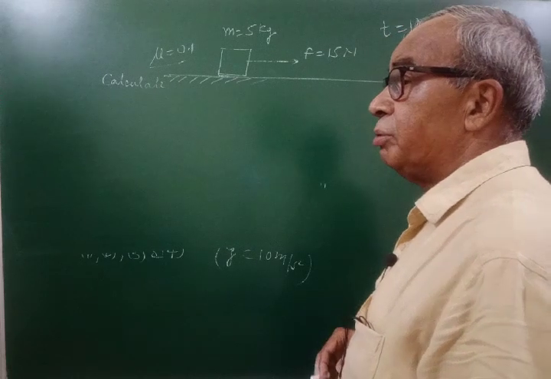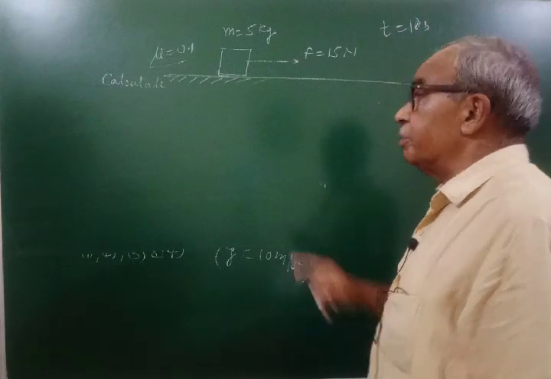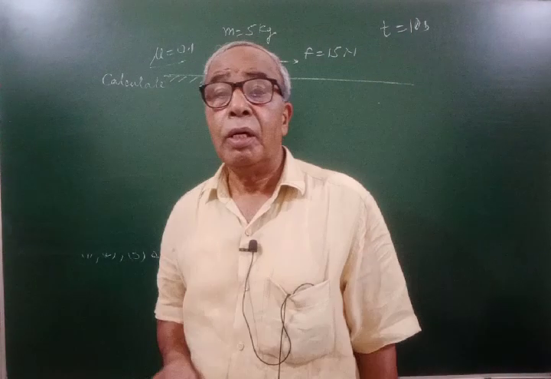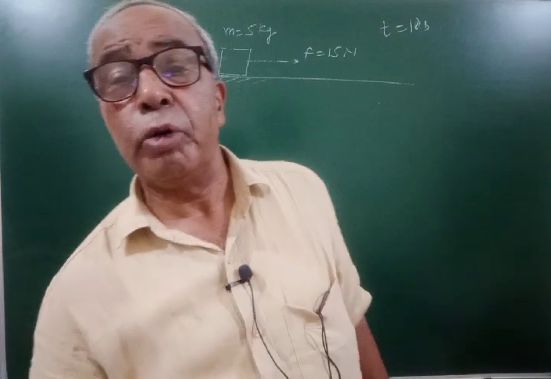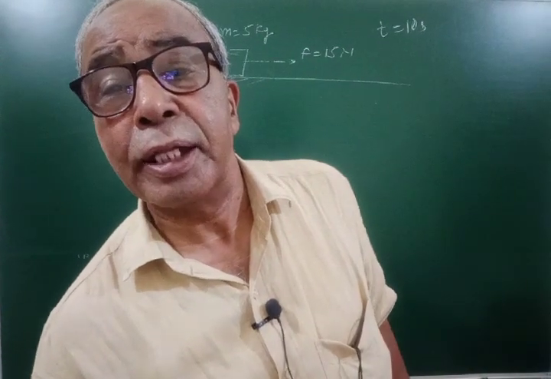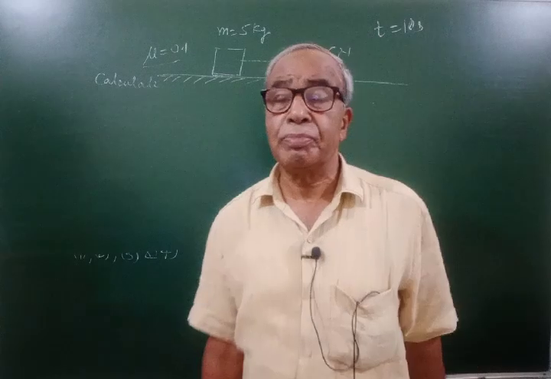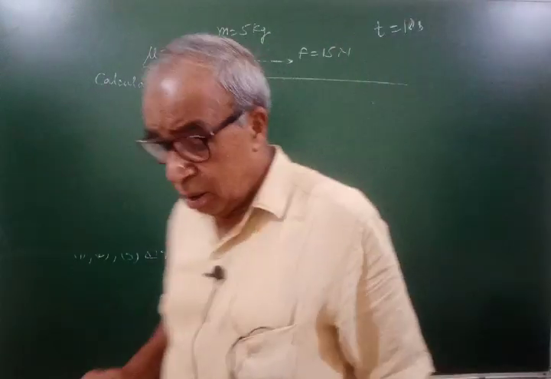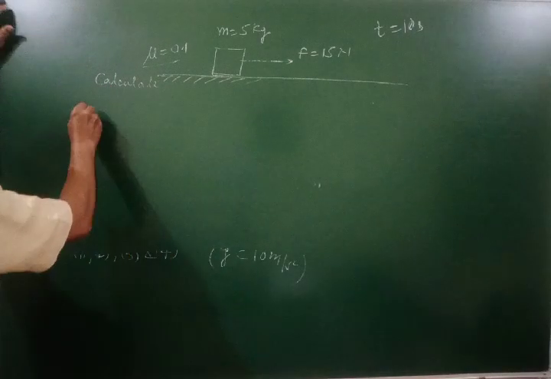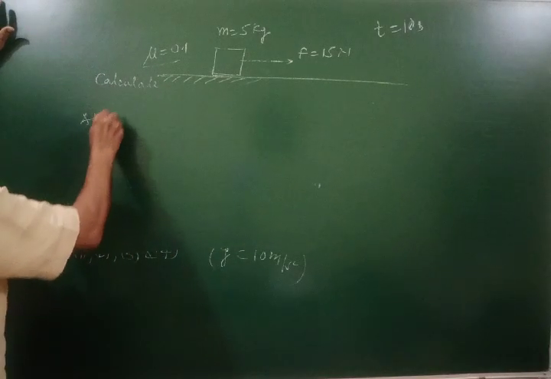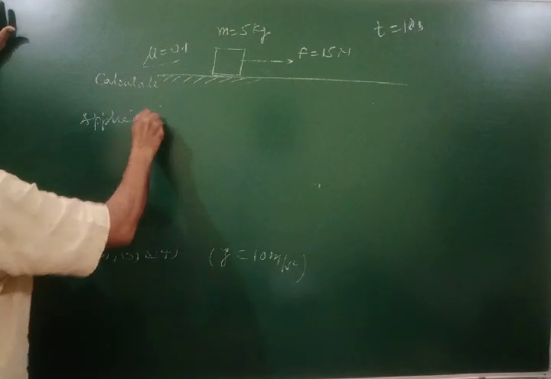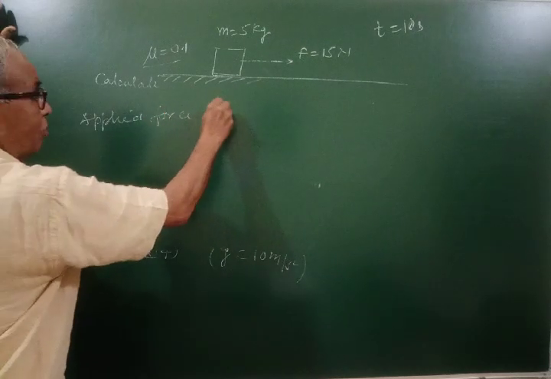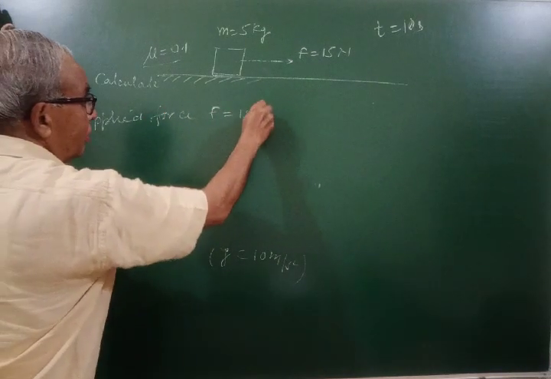Distance moved, how to calculate? When we know some unbalanced external force acts on a body, then there is acceleration produced in the body. But forces are two. Number one, applied force F equal to 15 Newton.